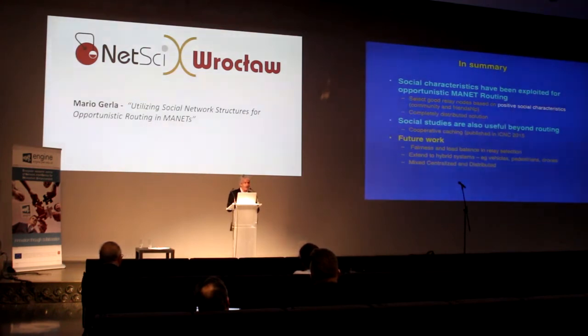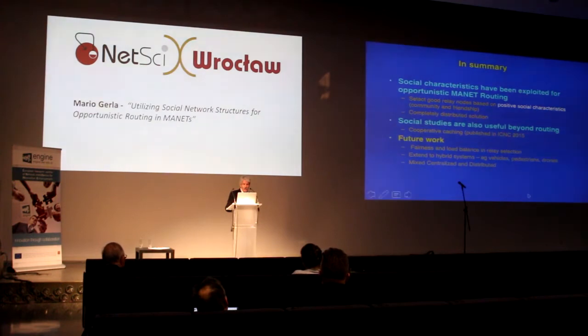So in this case, since the scheme is totally distributed, there is no loss of privacy because what the other nodes see is what they would see even without the social network built in.